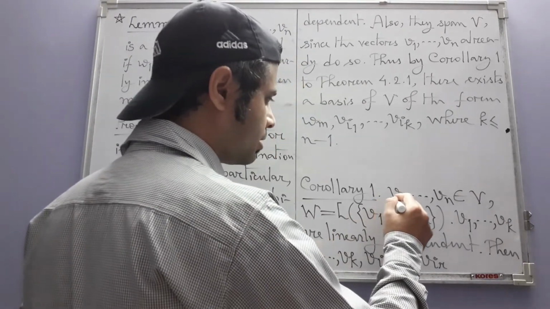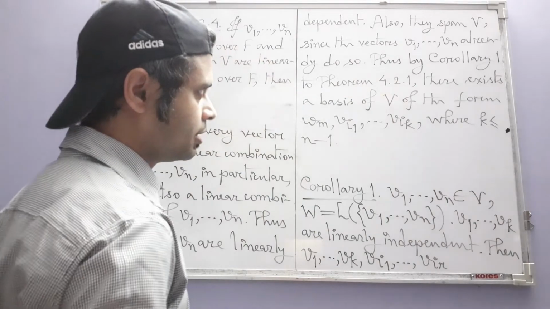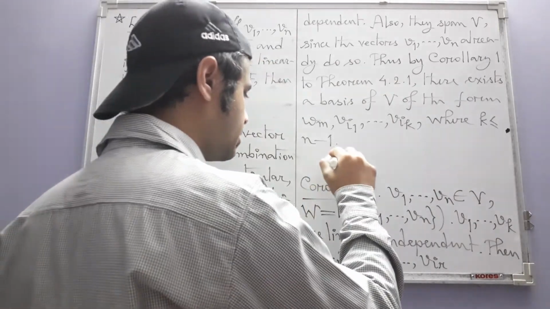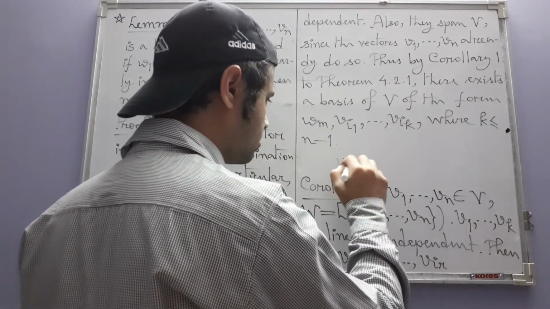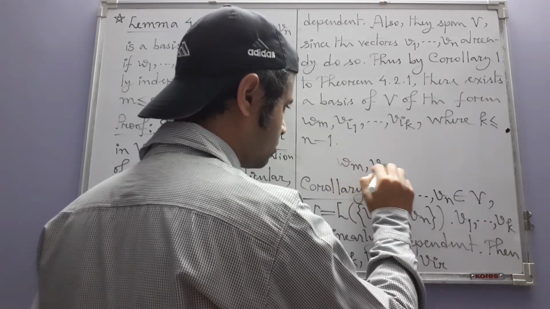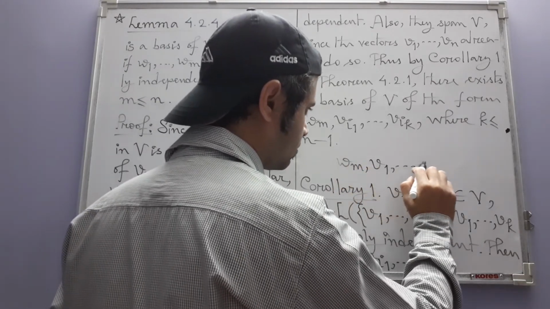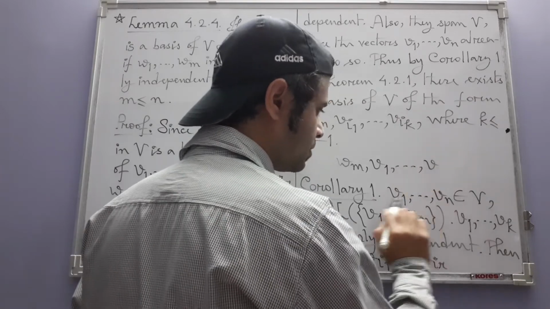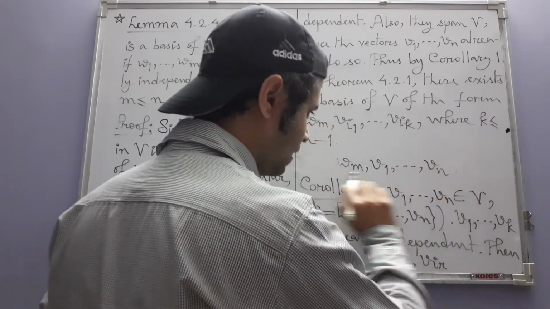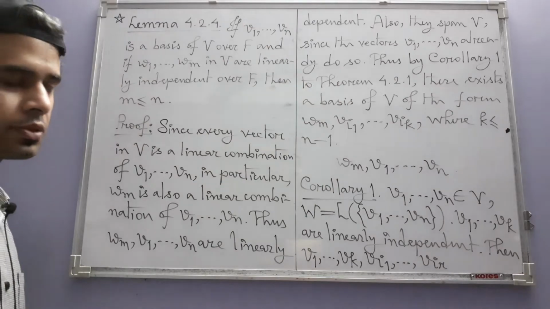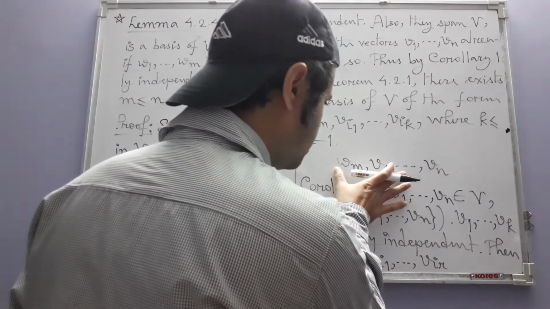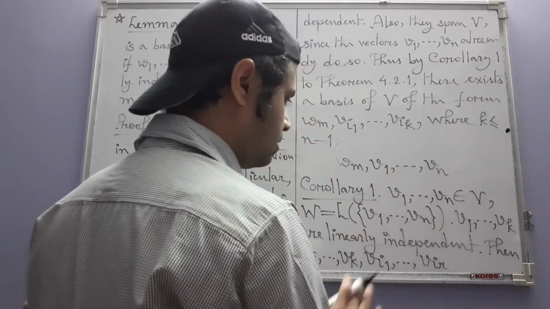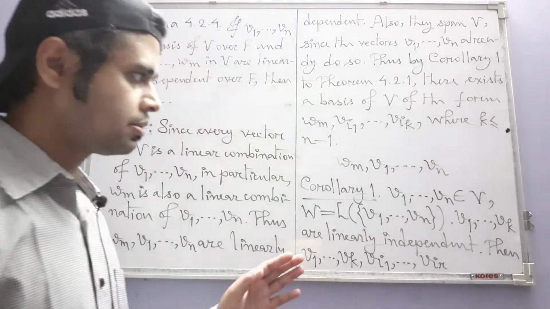What is our set in this case? In this case, this set is this. In place of the V's we see here, we have this. Now, this is a set in V which spans W.